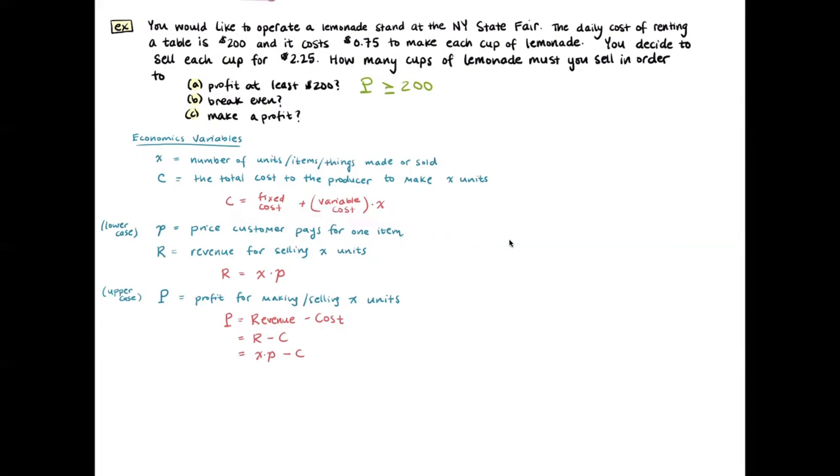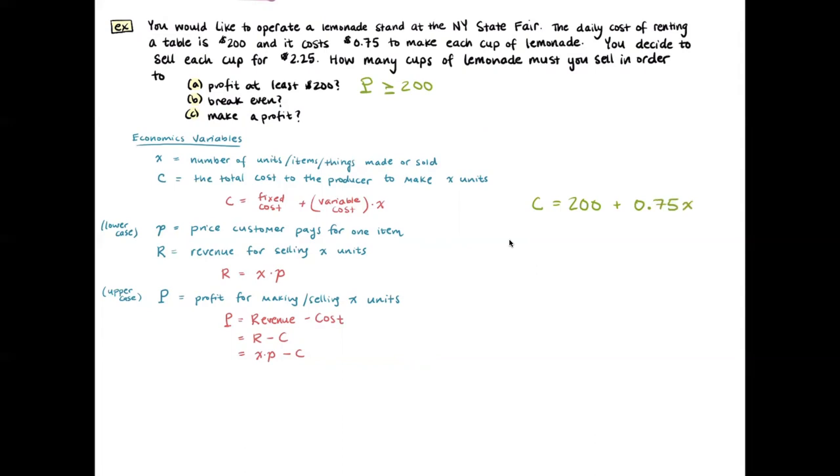For our particular situation, our fixed costs, that is our cost of renting our table, is $200. And then the variable cost, or the cost per cup of lemonade, is 75 cents. So this will be plus 0.75, and that variable cost needs to be multiplied by x, just the variable cost.